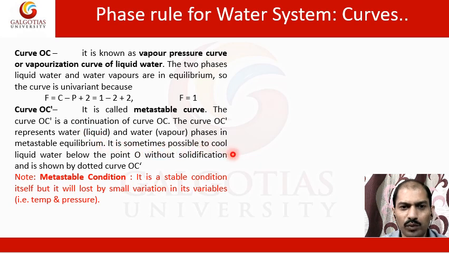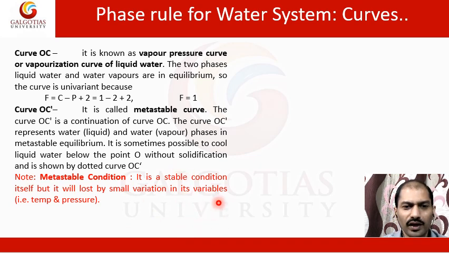It is sometimes possible to cool liquid water below point O without solidification, and this is shown by the dotted curve O bar, OC bar. A metastable condition is a stable condition in itself, but it is lost by a small variation in its variables. The variables here are temperature and pressure, because temperature and pressure play a very important role.